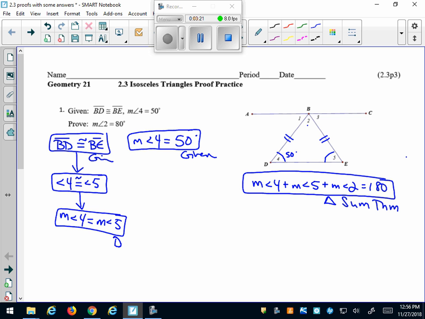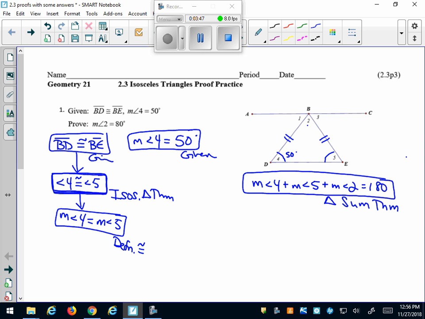Oops, I forgot to put the reason for this one. What's our reason for this one? BD is congruent to BE, so the sides are congruent, therefore the angles across from them are congruent. What is the reason? This is actually the theorem itself. Isosceles triangle theorem.